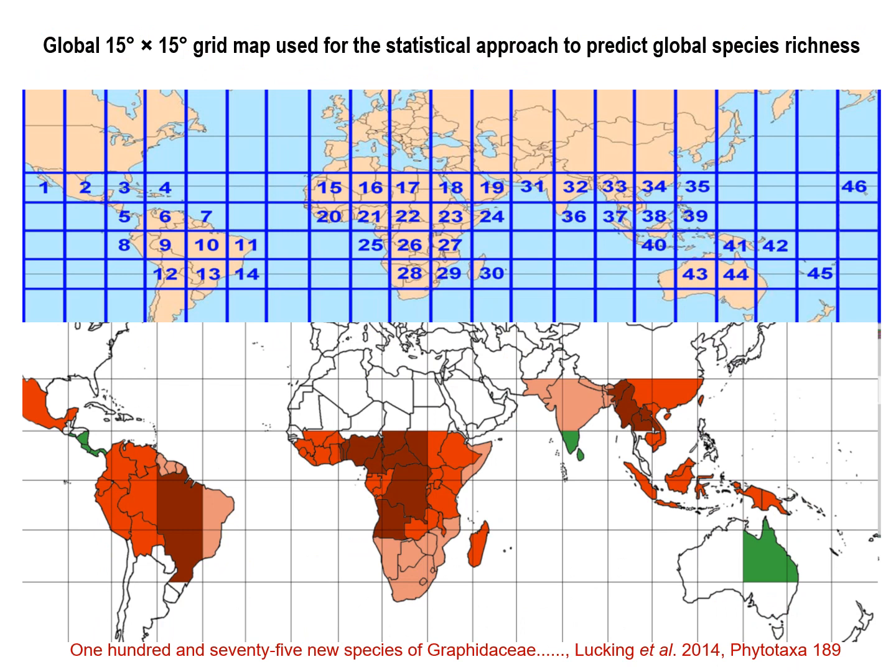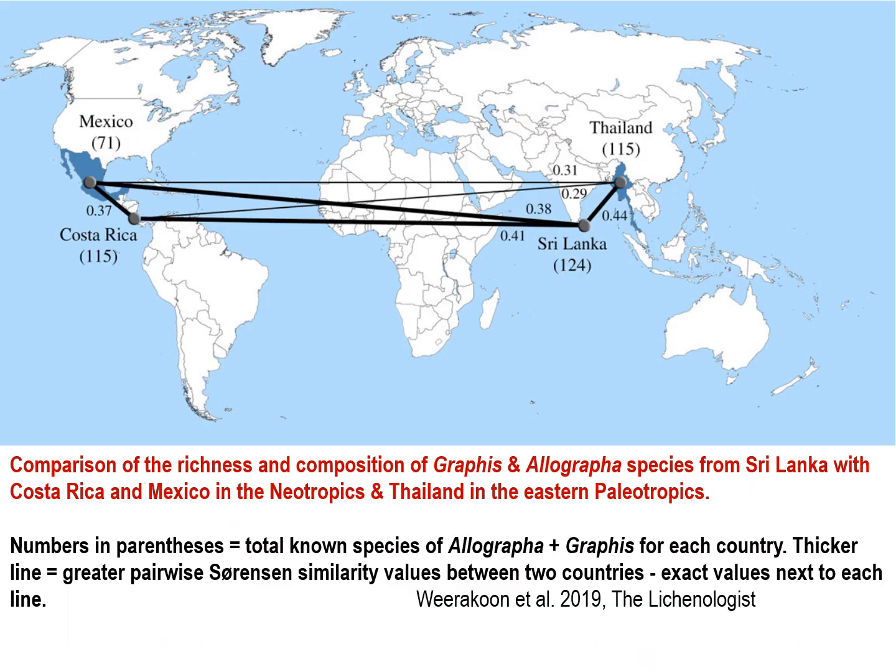Now, I would like to recall your memory and show you this publication from 2014. In the publication of Lücking et al., 175 species of Graphidaceae were described. It predicted that the number of missing Graphidaceae species yet to be discovered is 1,800, and most of them will be recorded from the Neotropics.